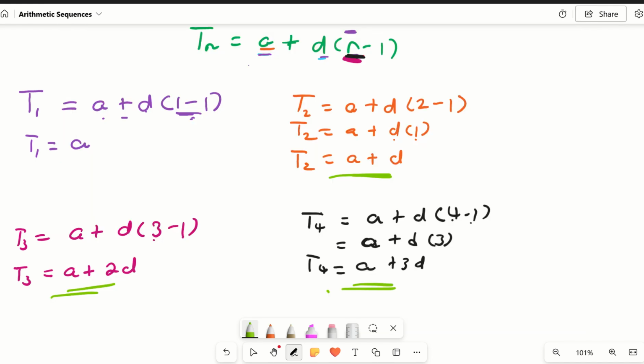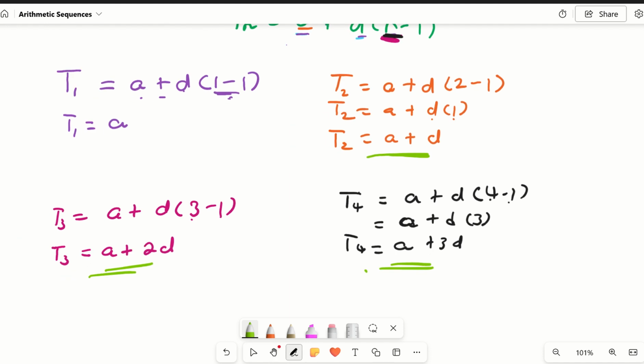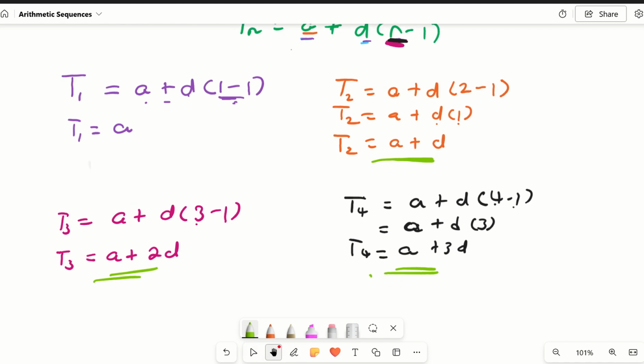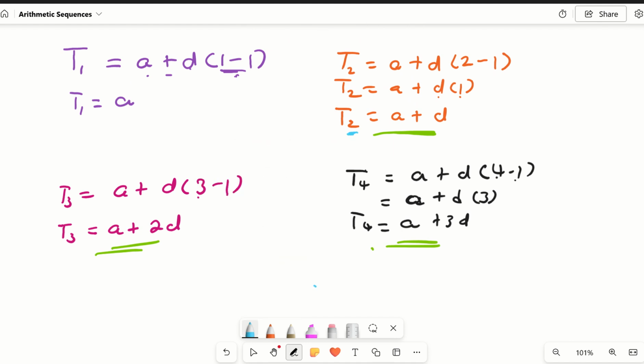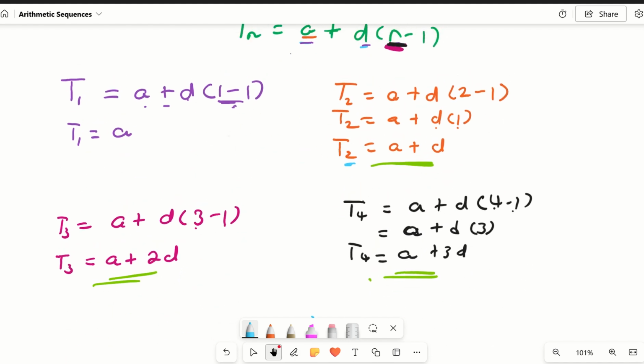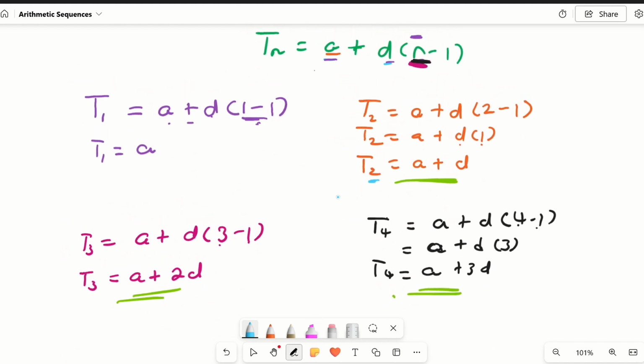Spontaneous equations, yes. So now basically, look at this, guys. What you see is actually beyond. There's something you need to notice. For T2, for the arithmetic sequence, we have A plus 1D.